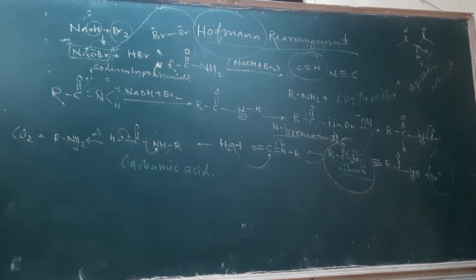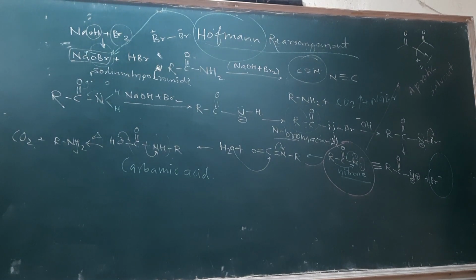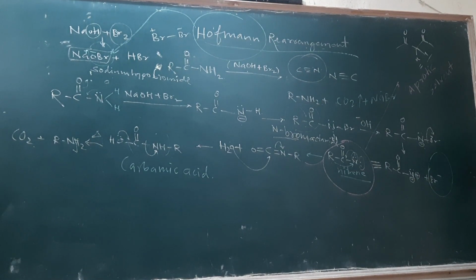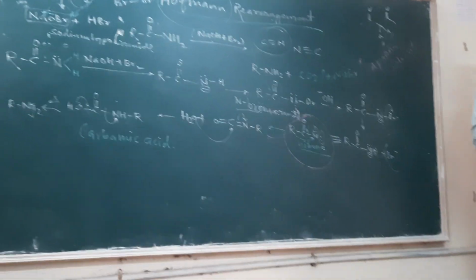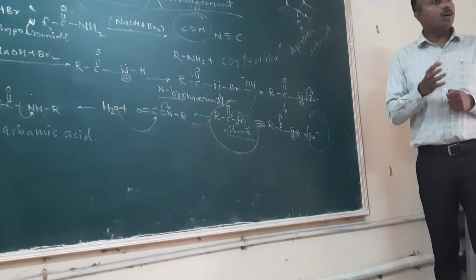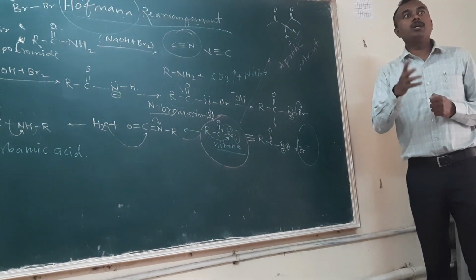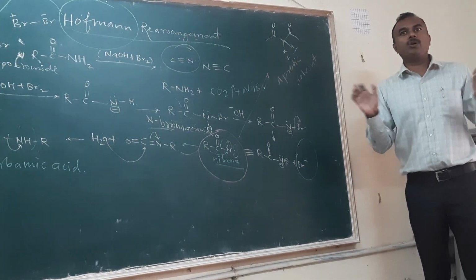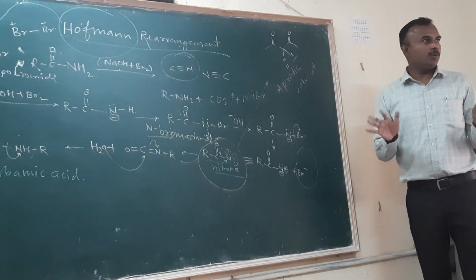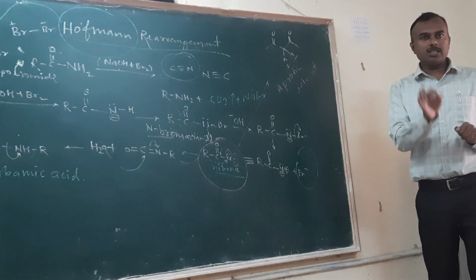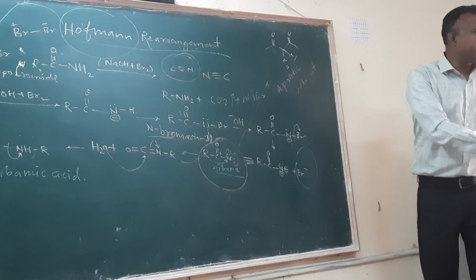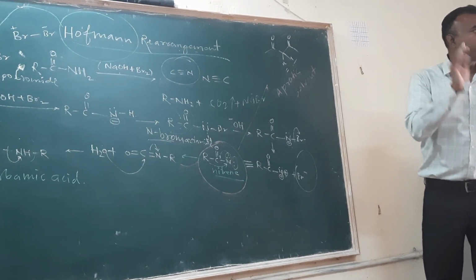A protic solvent is one which contains proton, simply water or ethanol. Aprotic solvent, carbon tetrachloride. Did you understand? An aprotic solvent is a chemical species which does not contain any kind of proton.